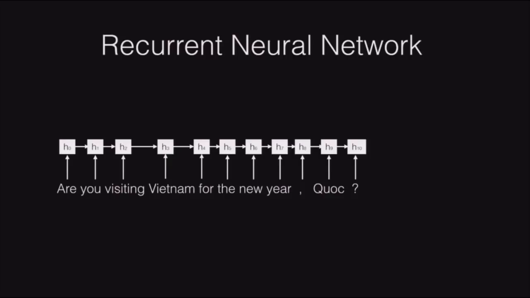The way that you compute the hidden units is the following. The function h of 0 is basically a hyperbolic tangent of some matrix U times the word vector for the first word. Okay, so Richard also talked about word vectors yesterday. You can take word vectors coming out of word2vec, or you can just randomly initialize them if you want.